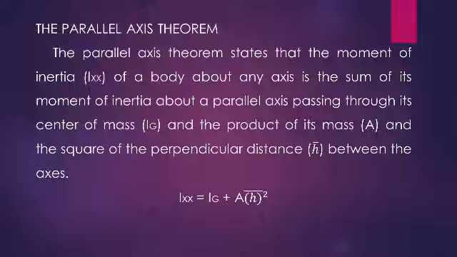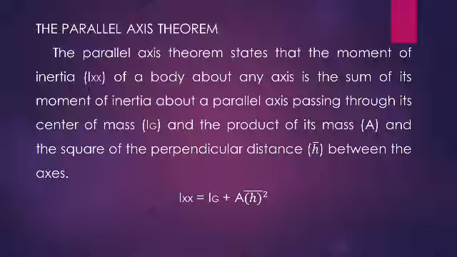Then we want to know about the principal moment of inertia. Principal moment of inertia is I maximum and I minimum. It is also represented as IUU and IVV. The formula is I maximum or IUU is equal to (Ixx plus Iyy) by 2 plus root of ((Ixx minus Iyy) by 2) the whole square plus Ixy the whole square.